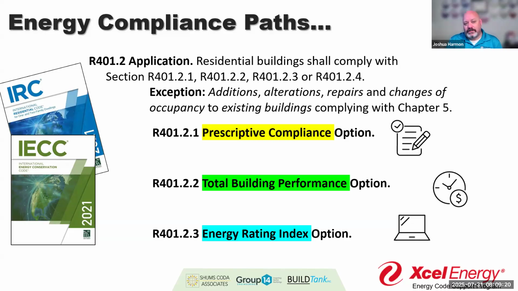Then there's performance, which is total building performance in the 21 version, which is, again, a calculation of the operating expenses of that building over the course of a year, taking into account all of the equipment, all of the systems, right? All the insulation, all those components. Then we calculate a dollar value for that annual energy consumption, energy use, and then we compare that to a reference standard. We did something very similar in commercial. We've talked about that before as far as our building performance path.